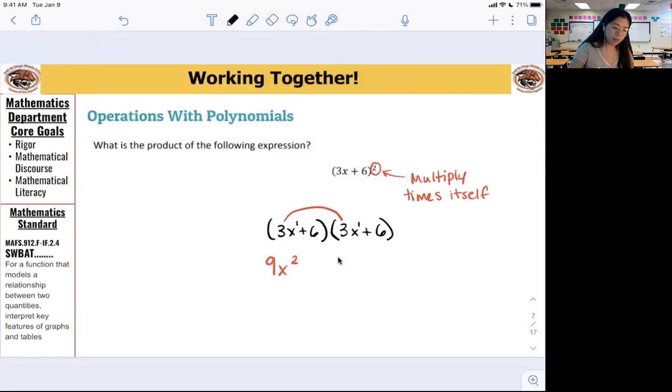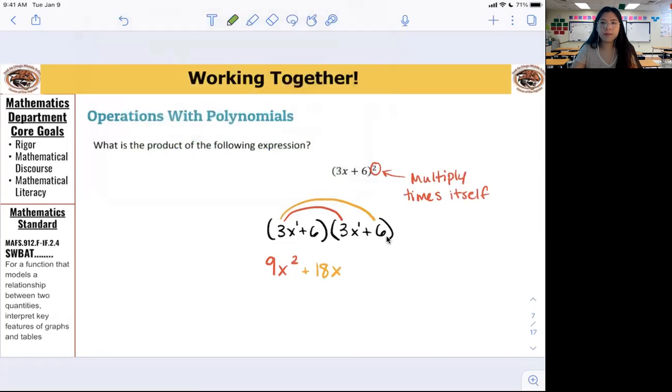And that's going to change a lot of your answers. Okay, after that, my outside terms, which ones am I multiplying now? Good, 3x times 6. 3 times 6, what do I get? 18. All right, that's outside.